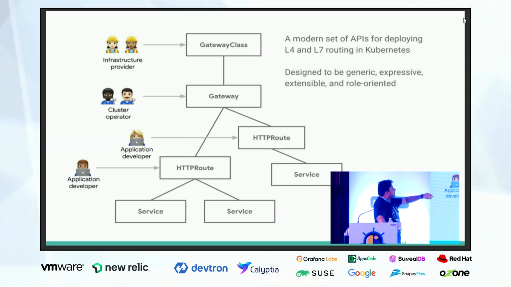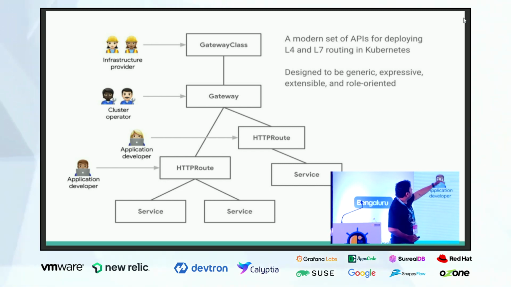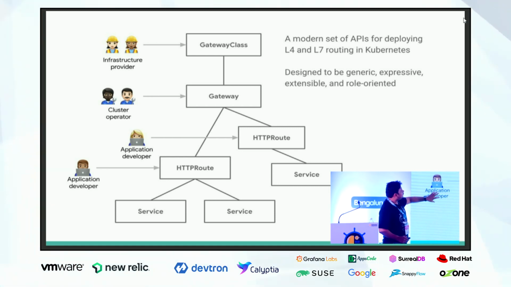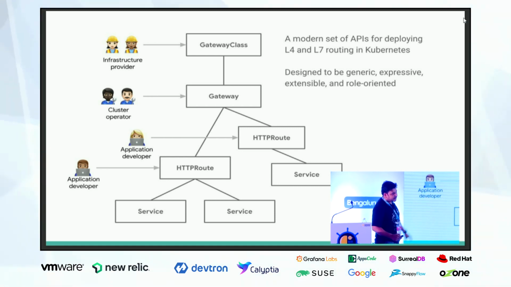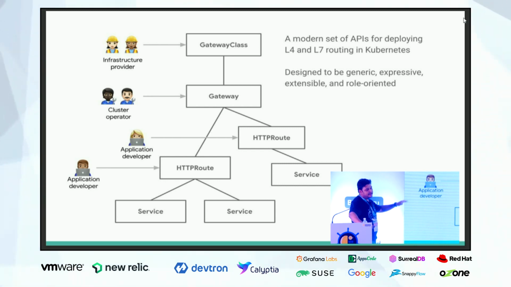And here we can see there is one difference as compared to Ingress. In Ingress we have a single API where many of the proxy related information as well as the route both live in the same Ingress object, right? But here that object has been split into two.